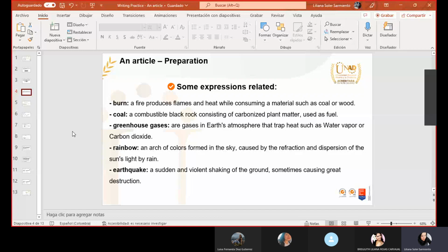Greenhouse gases are gases in Earth's atmosphere that trap heat. Atrapan el calor. Trap heat, for example, water vapor or carbon dioxide.